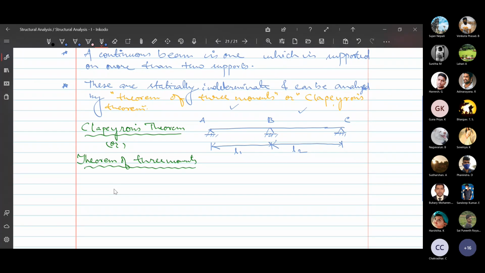So here we have a continuous beam with two spans AB and BC as shown in the figure.